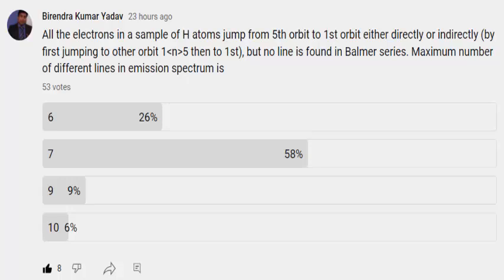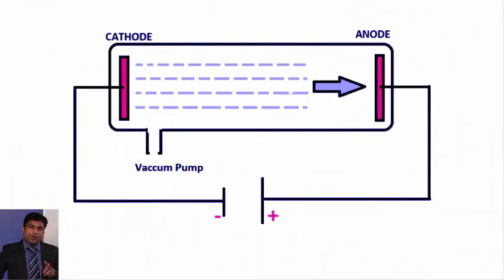First of all, we need to understand what happens when an electron jumps from a higher energy orbit to a lower energy orbit. We need to understand the concept of spectral lines. If we take H2 gas in a discharge tube and pass an electric discharge under low pressure, then radiations are emitted.